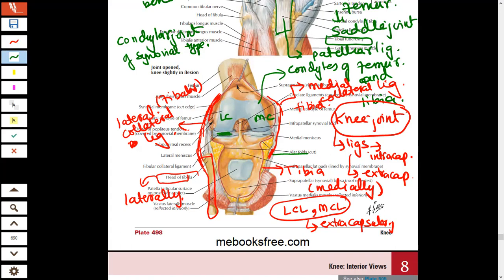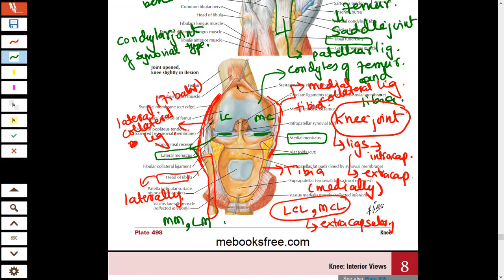A meniscus, a fibrocartilage structure is present between these condyles of the femur bone and the tibia bone. If it is present medially, it is known as medial meniscus. If it is present laterally, it is known as lateral meniscus. So medial meniscus, lateral meniscus.